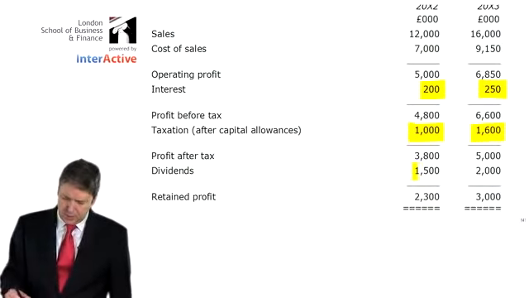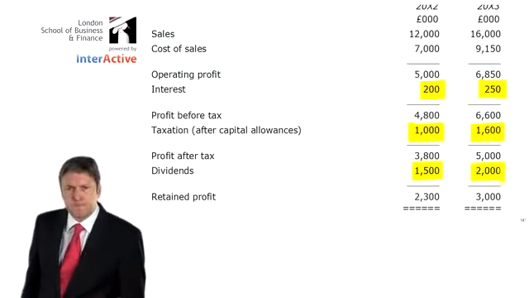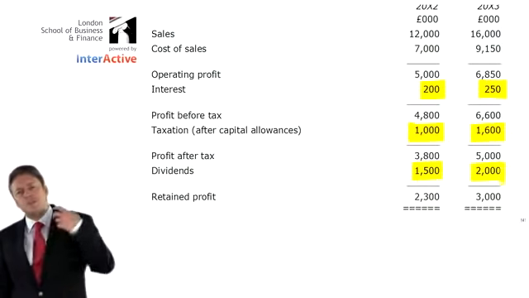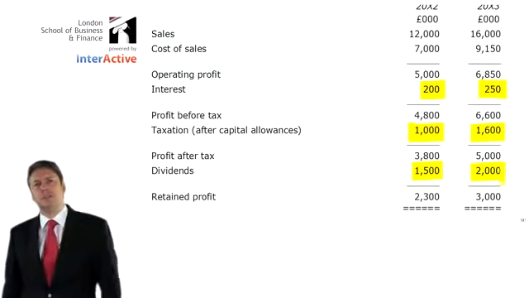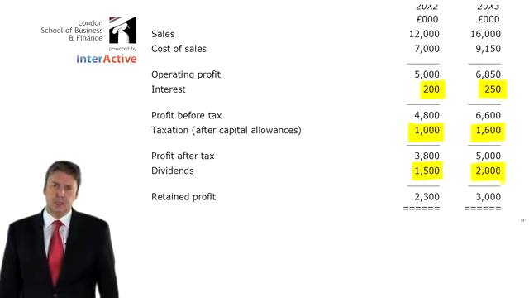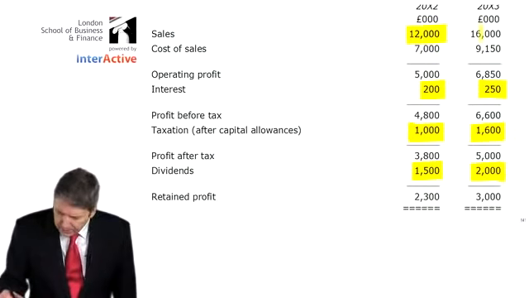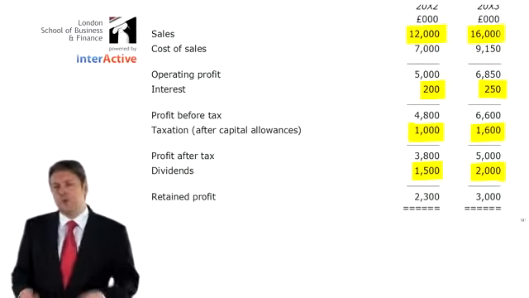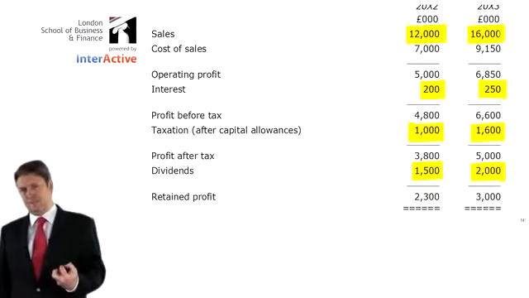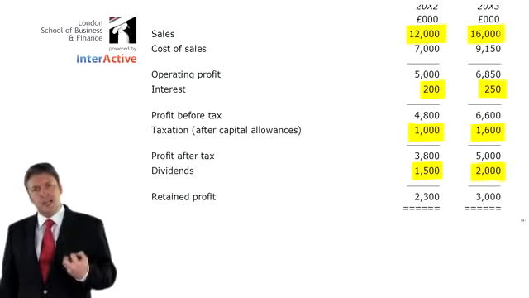But what do we notice here? Don't we notice that a very high level of dividend is being paid? Given that, if we look at the top here, sales are growing quickly, there is probably pressure on the need for cash.